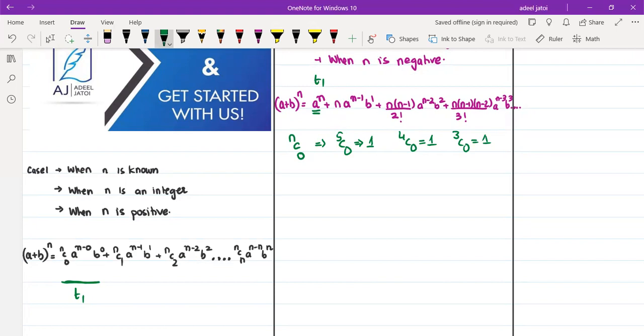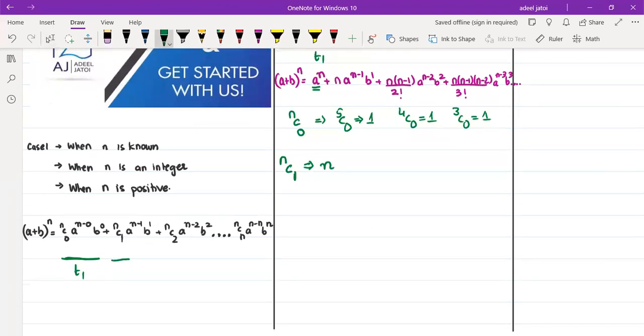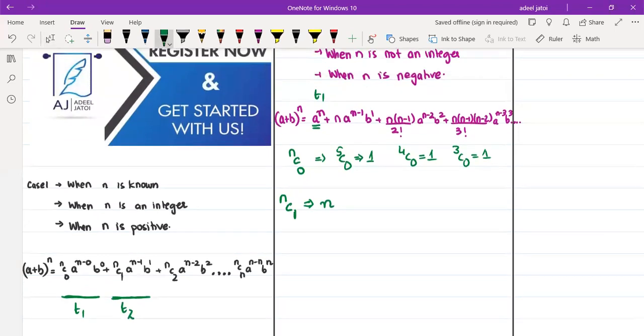Similarly, if I say that we have nC1, the answer to this is n, which means I'm talking about term 2 in the first formula, and term 2 in the second formula. So the n in the second formula is basically because of nC1, whatever power you have. If the power is 6, 6C1 will be 6.